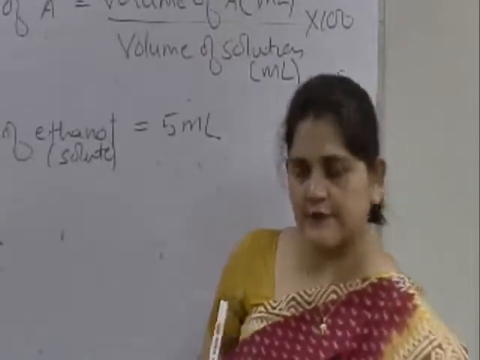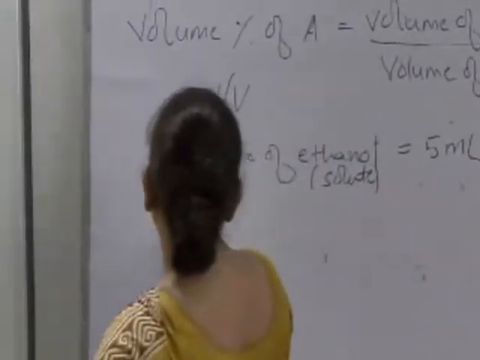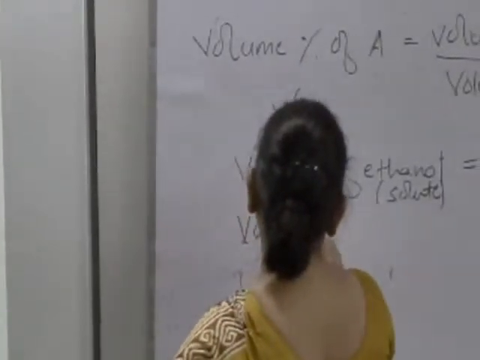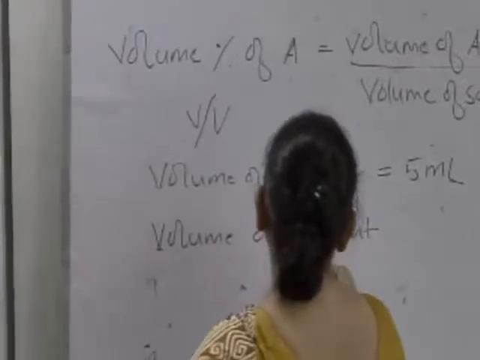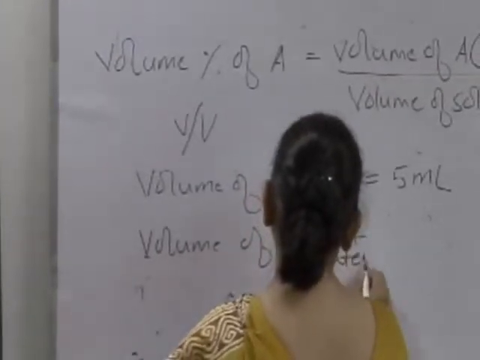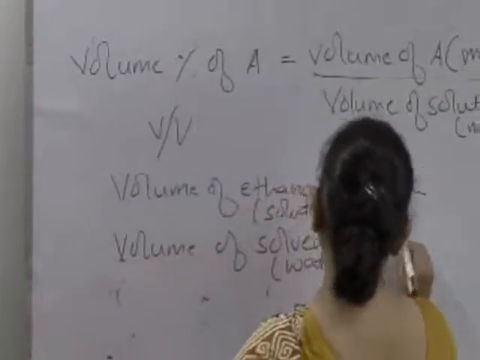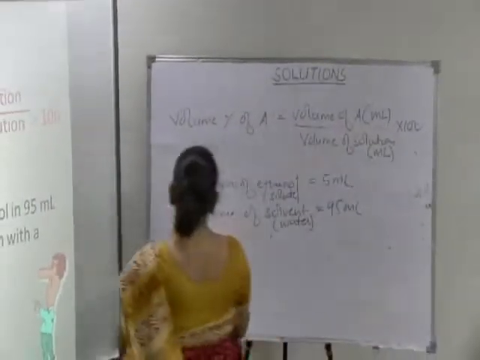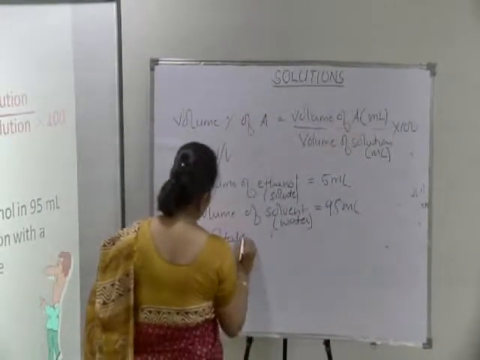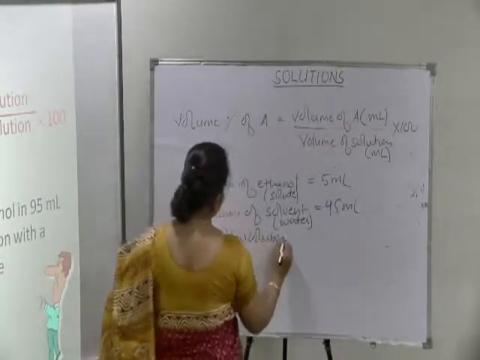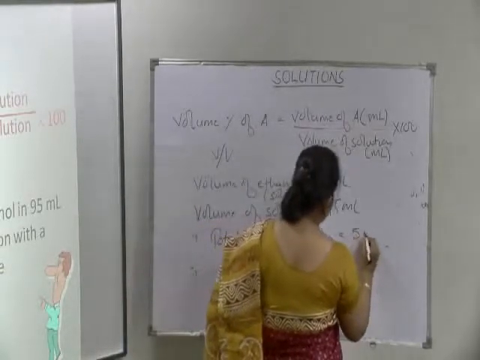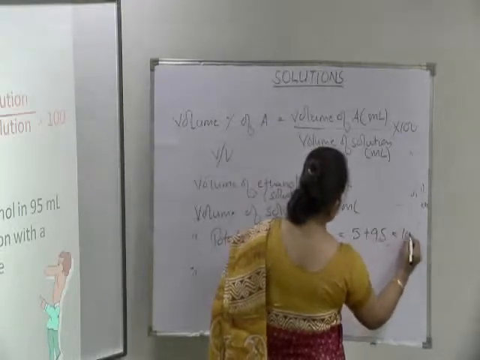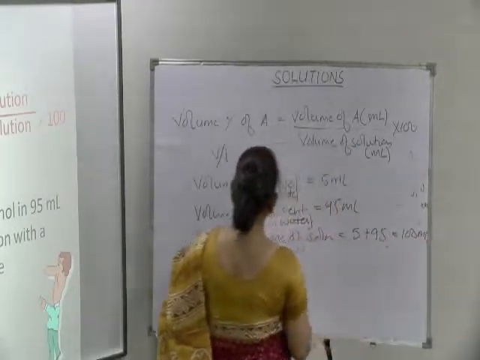So here the ethanol is the solute and the volume of solvent, which over here is the water, is 95 ml. So the total volume of the solution is 5 plus 95, that is 100 ml.